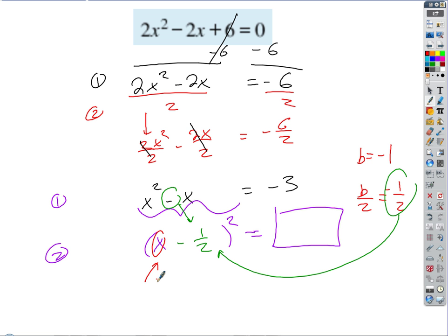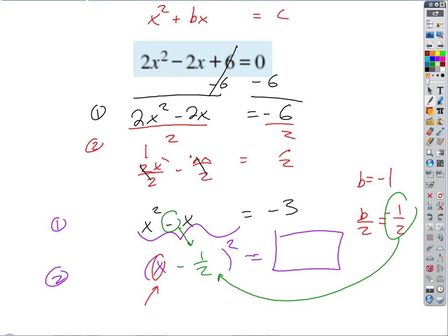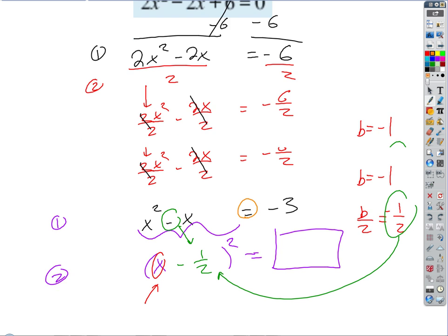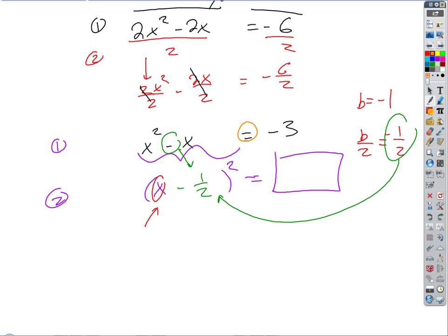I just need to know what goes over here on this side. But to know what goes over there, I have to know what I added to both sides to create the perfect square trinomial. It's based on that number. The -1 gives us that number, b over 2. And whatever that one is, squared is going to give us the number that I add to both sides.